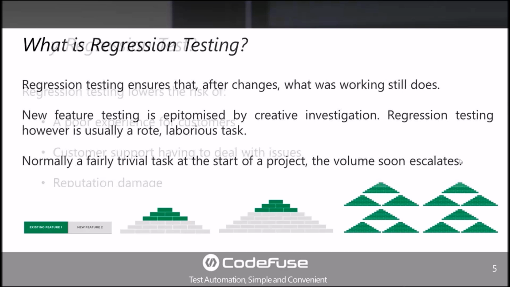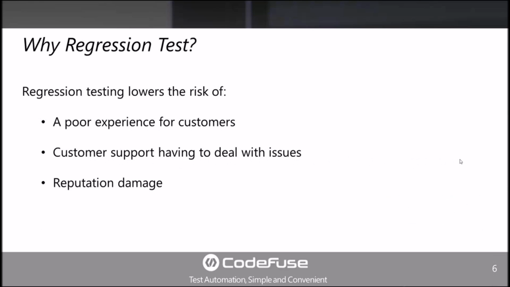So we test because we want to reduce the risk of a poor experience for customers. We want to reduce the risk of customer support having to deal with the issues that fall out of not regression testing. And fundamentally, we want to reduce the risk of reputation damage, which is obviously core to your business.